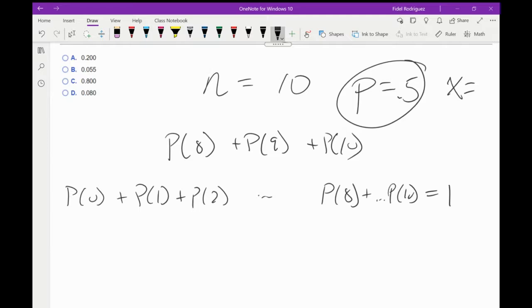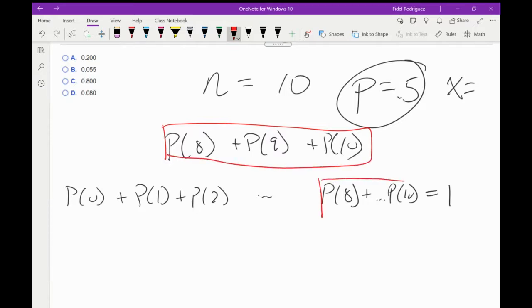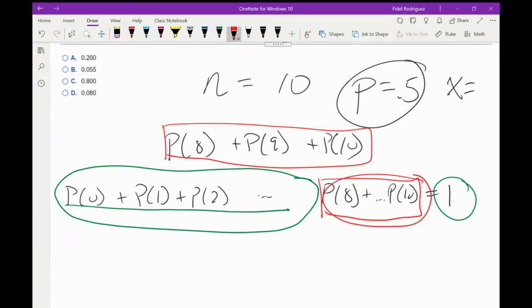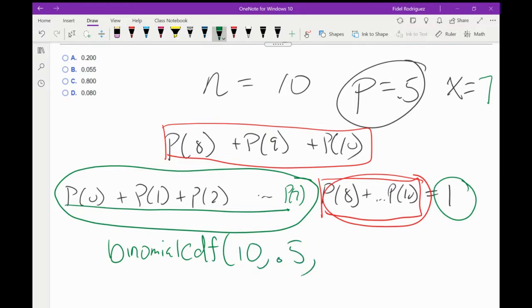Because I'm looking for the probability from 8 to 10, if I can find the number from 0 to 7, I can subtract it from 1, and I'll be left with the part I want. So I'm going to end at 7. I can use my binomial CDF, where my n is 10, my probability is 0.5, and my number is 7.